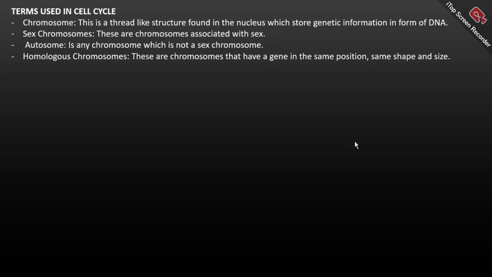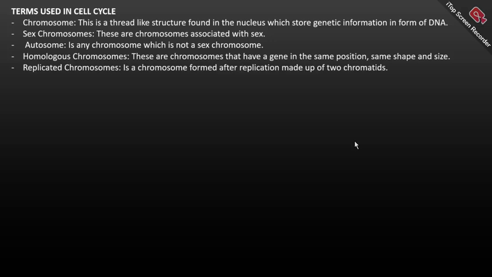Then we're also going to talk about replicated chromosomes. Replicated chromosomes are chromosomes formed after replication, and they are made up of two chromatids. Suppose this is your chromosome.